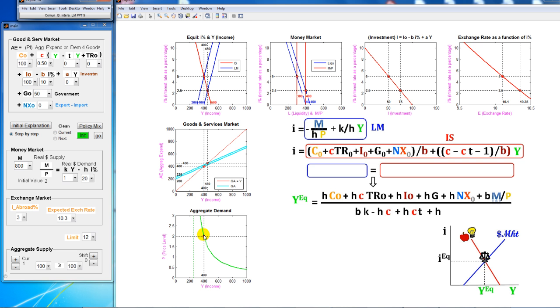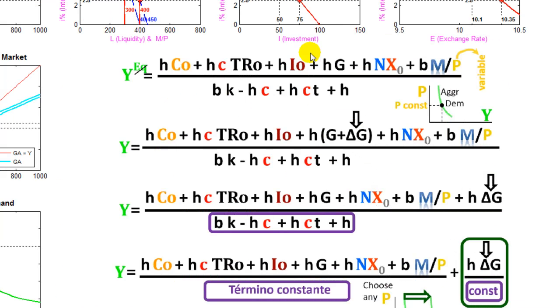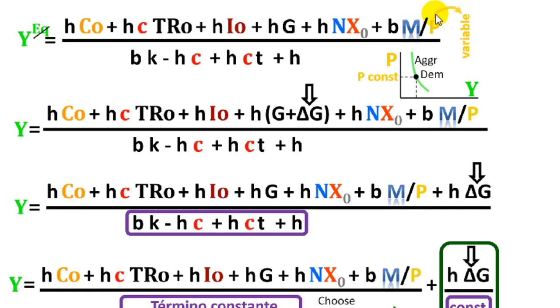But we don't want to have only one point of this curve. We want the whole curve. So what do we do to get that? Well, we have seen that in a previous video. We drop the assumption that P is constant, and then we vary P, we take it as a variable, and then income will not be constant anymore, so income is going to vary too.